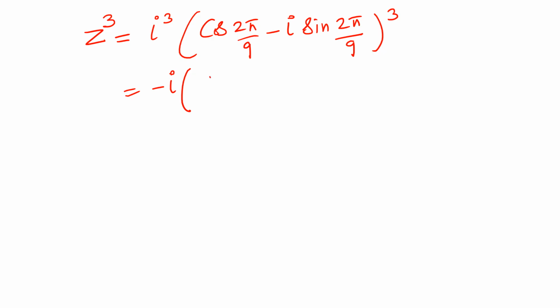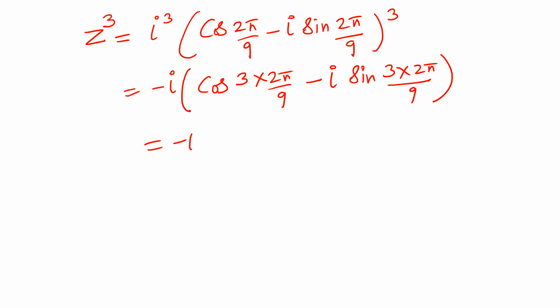Now, I am applying De Moivre's theorem directly. So it becomes cos of 3 into 2π/9 − i sin of 3 into 2π/9. Right? Now this becomes minus i into, inside the bracket we get cos of 2π/3 − i sin of 2π/3.